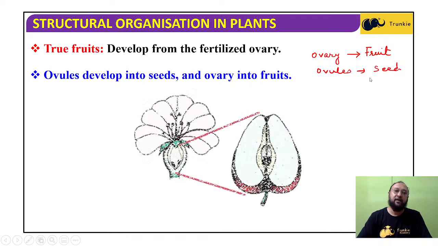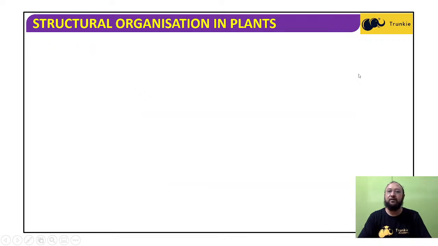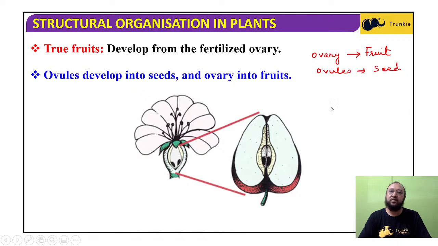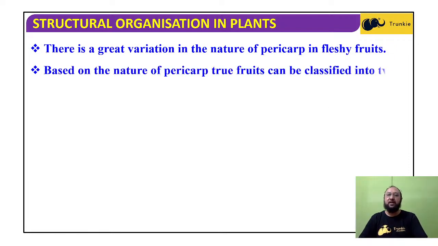Now see the ovary. Here you can see ovules forming the seeds, and the ovary forming the, what do you call that? That is the fruit.